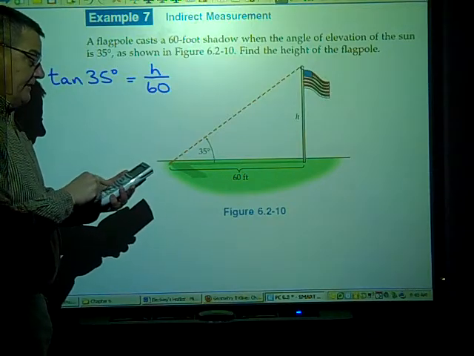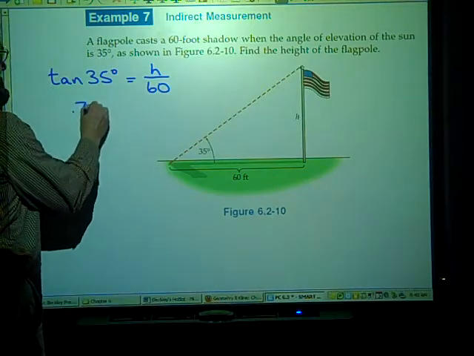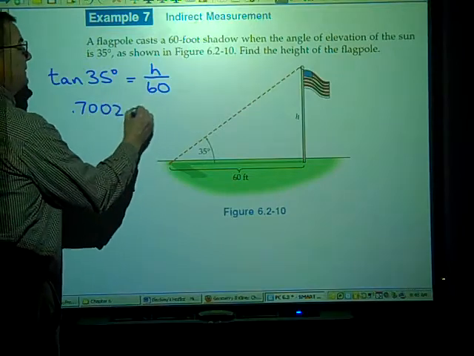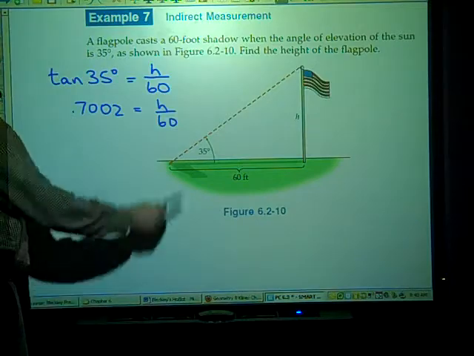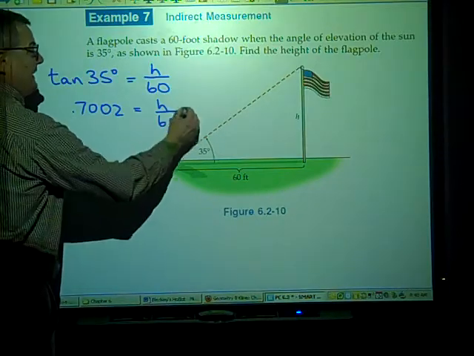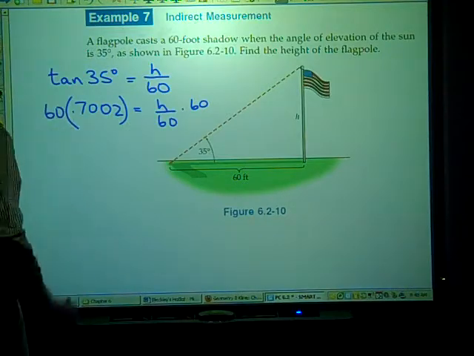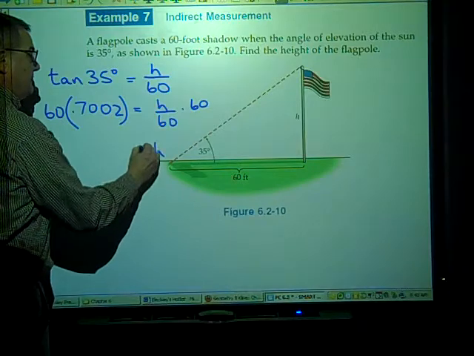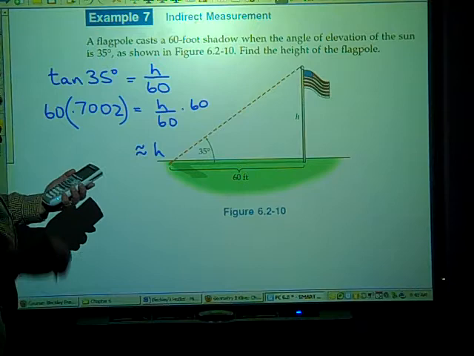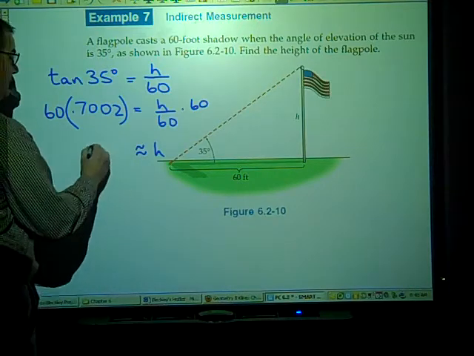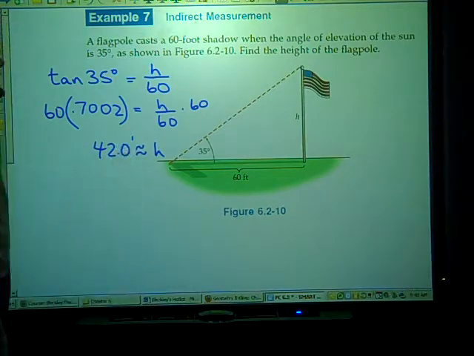So tangent of 35 is about 0.7002 equals h over 60. And then we can just multiply both sides by 60 to get h. And we get h is approximately 42.01. So approximately 42.0 feet high.